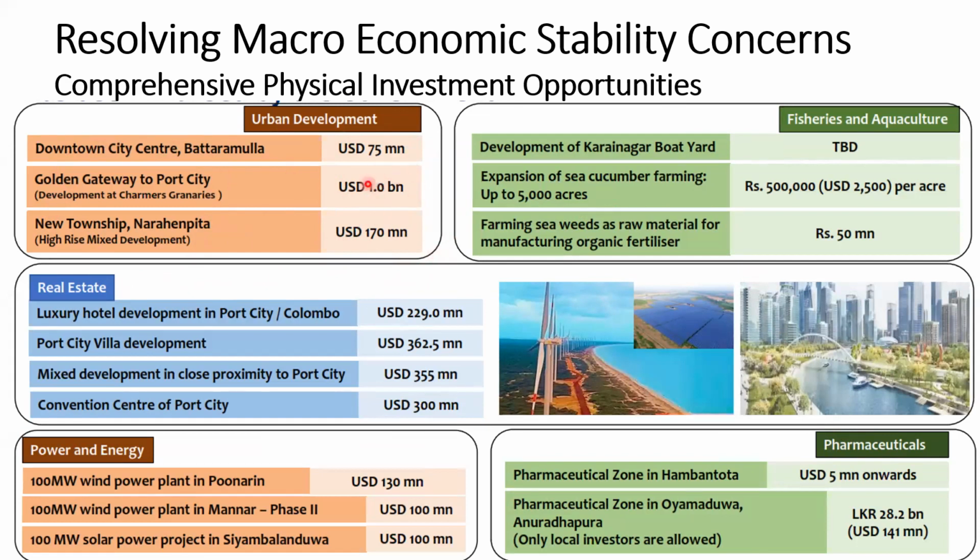That means the Urban Development Authority itself has identified the locations and wants specific investors to come and develop these. Let's say, just think, this is 1 billion. This is the Chalmers Granite in Fort. To develop this kind of city, it's around 1 billion US dollars they estimate.